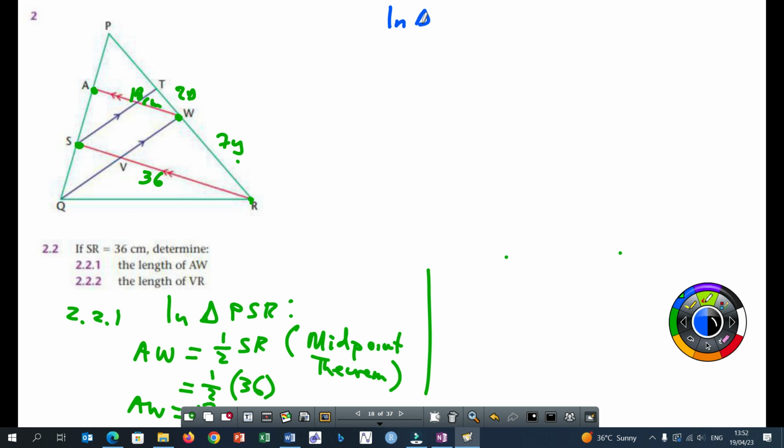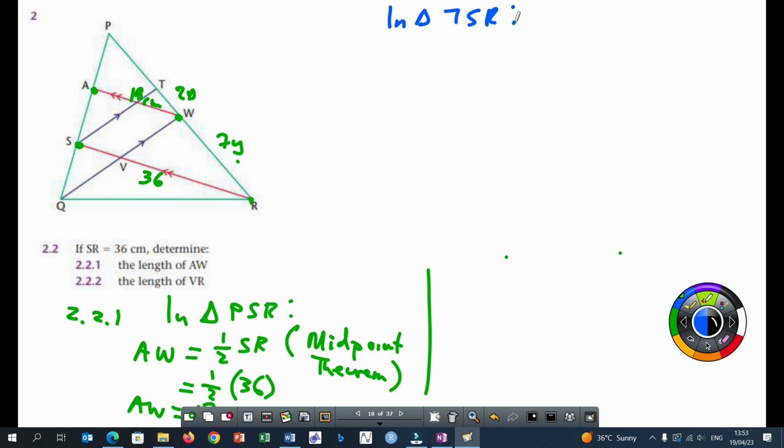So in triangle TSR, if I use the proportion theorem, I'm going to use it in terms of the corollaries. Because I want to calculate VR, but I am given SR. I'll use one of the corollaries. So I'm going to say SR over VR.